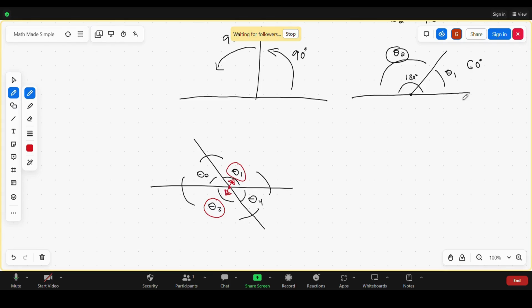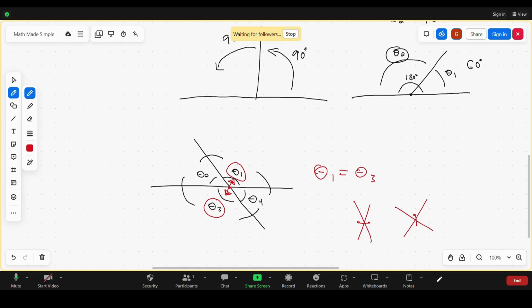They share this point right there, and it's only on these two connected lines. But theta 1 will always be equal to theta 3. It doesn't matter how skinny or how far apart these lines are crossed. Opposite angles, or vertical angles, will always be equal.